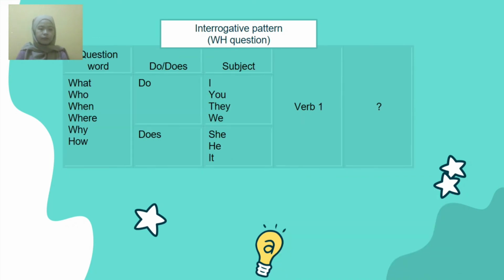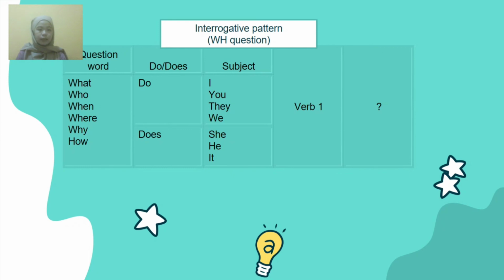Then, we will discuss interrogative sentences containing 5 W plus 1 H elements, namely what, who, when, where, why, and how. The sentence pattern for WH question is similar to yes or no question.